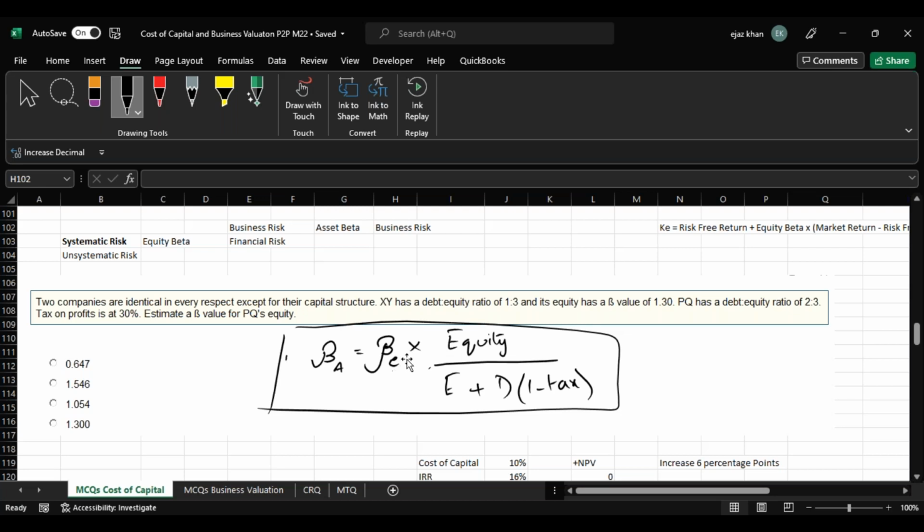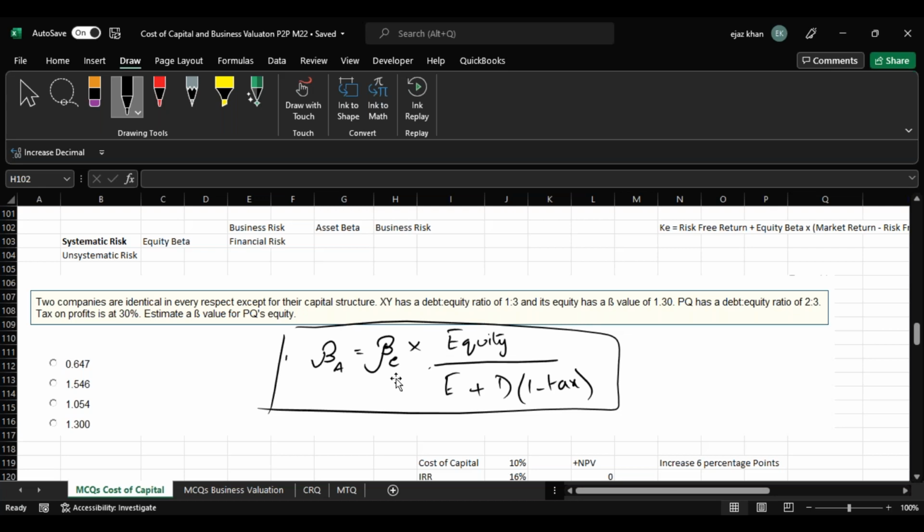If a geared company's equity beta is given, it means that you know the total risk of that company, including the financial risk and business risk. With the help of one company's equity beta, you can find out the equity beta of another company.